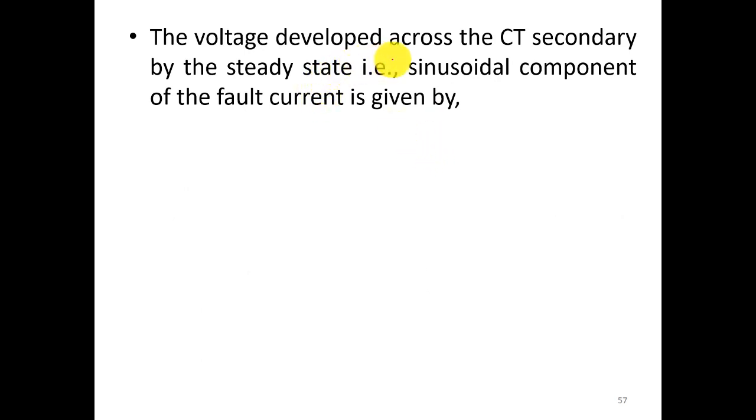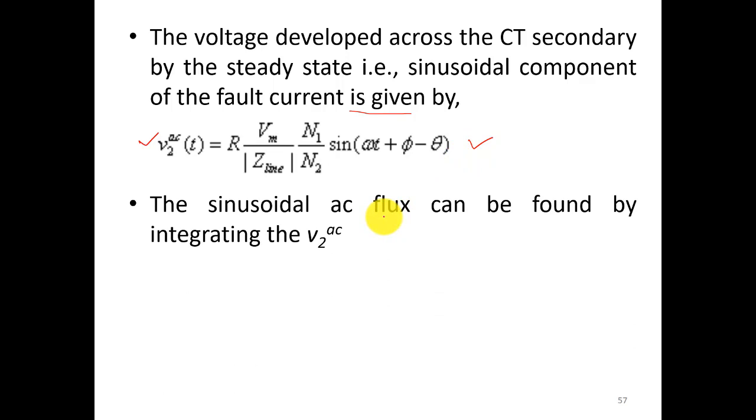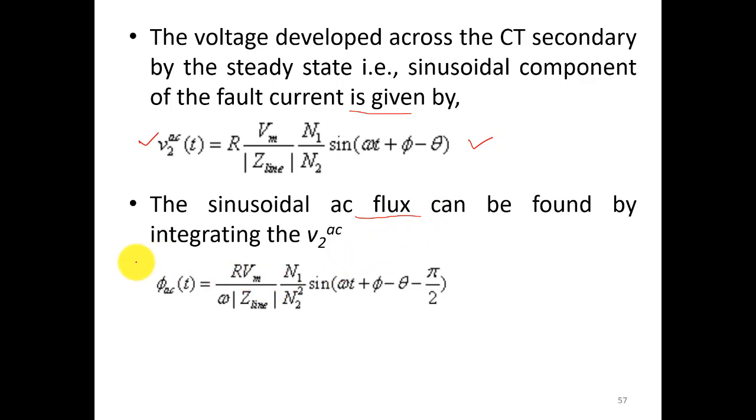The voltage developed across the CT secondary by the steady state, that is the sinusoidal component of the fault current, is V2AC. Similarly, we can find this by considering one symmetrical AC current across the primary. We'll find a similar expression for V2AC, and by integrating V2AC we'll find phi AC, the AC flux flowing in the core.